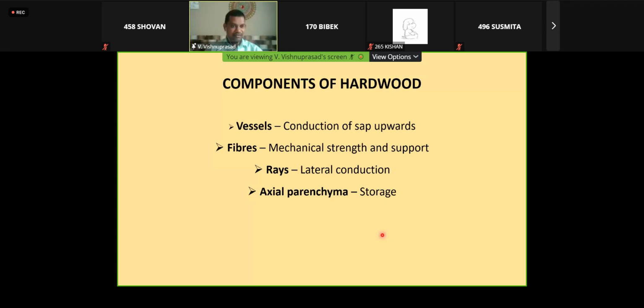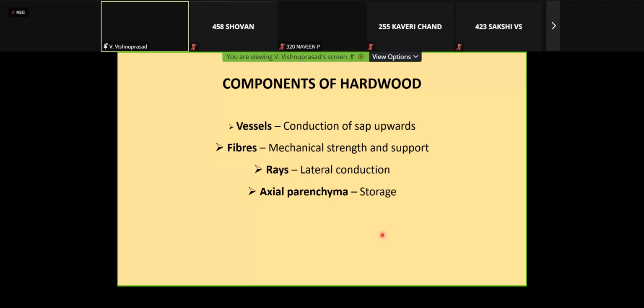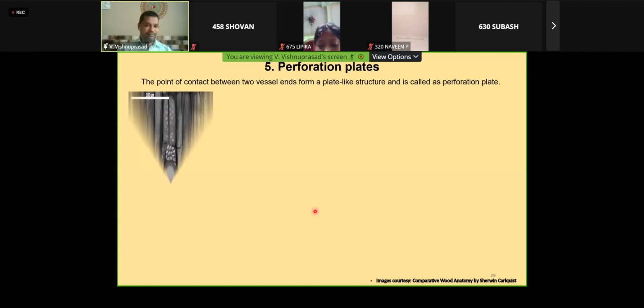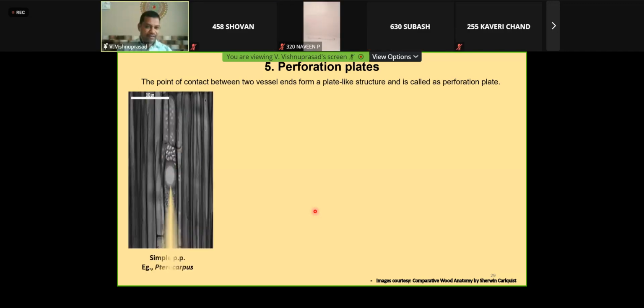So when one vessel is adjacently connected to the other, the perforation plates form a common point of contact. And they are of different types in vessels. The simplest one is called simple perforation plate, where the opening is just one hollow opening, nothing else in it, as in the case of Pterocarpus.